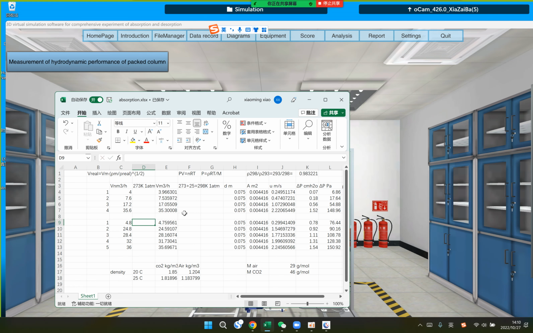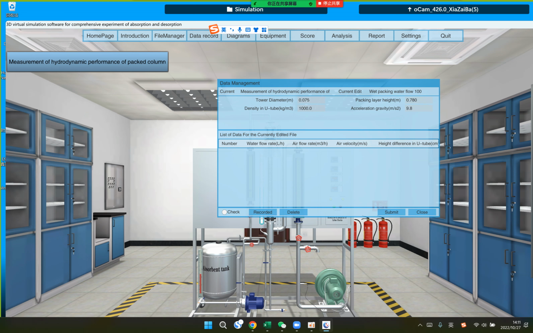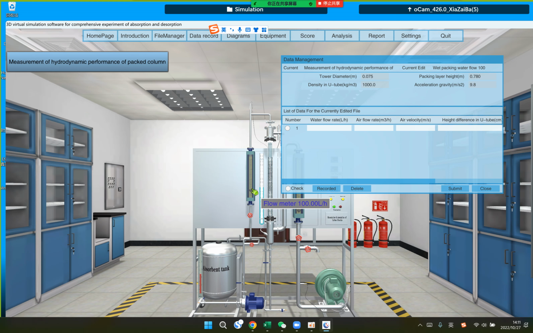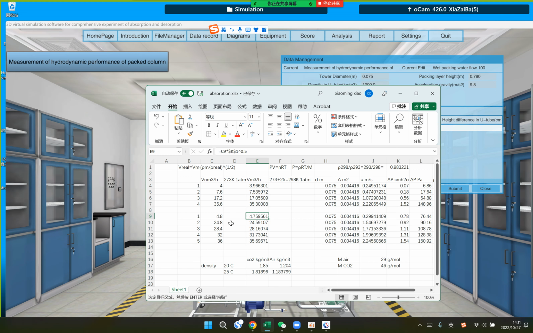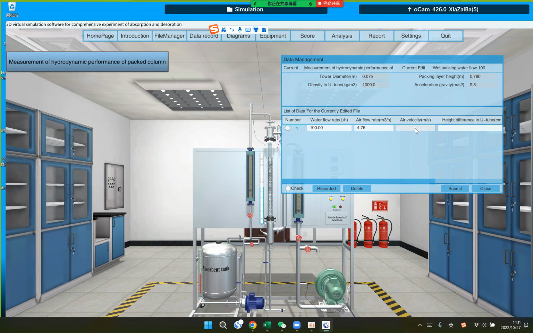And the velocity here is similar. Data recording. Okay. Water flow rate here is read from here, 100. And then the air flow rate, its standard is 4.8, and the real one should be 4.75.